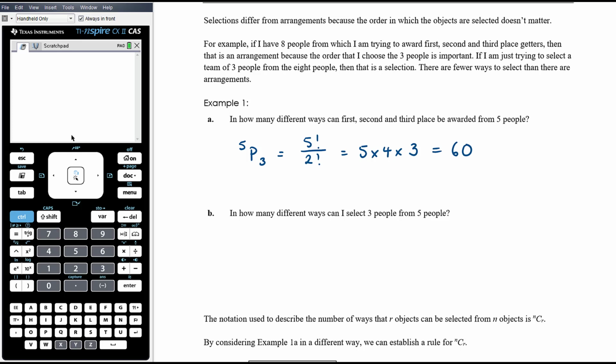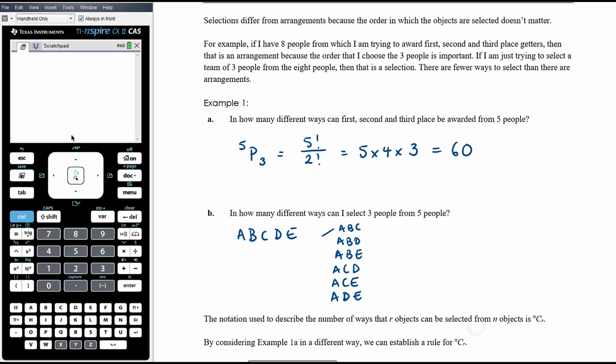You might want to think about, let's say we have 5 people, A, B, C, D and E. Obviously we could select A, B and C, or we could select A, B and D, or we could select A, B and E, or we could select A, C and D, A, C and B. No, that's the same selection as A, B, C. A, C and E, or we could select A, D and E. They're all the ones where we have to select A.